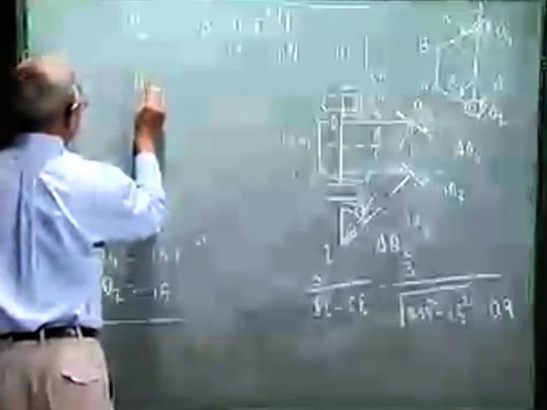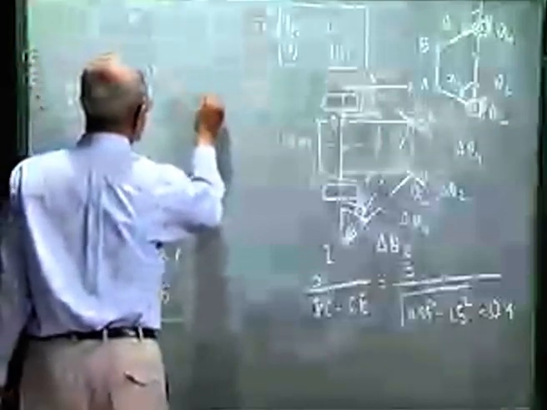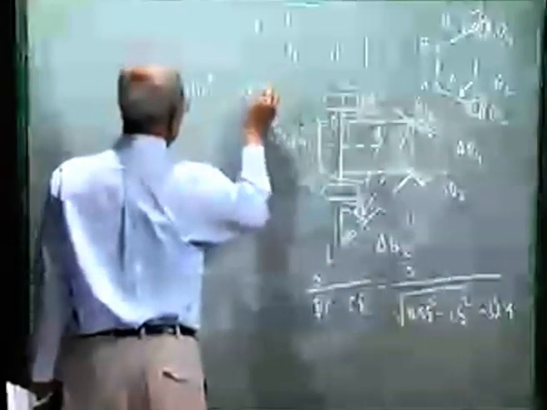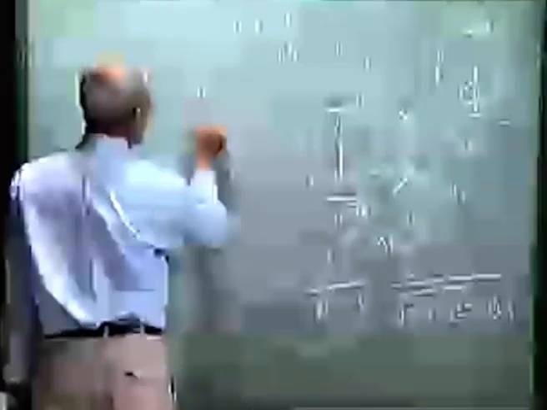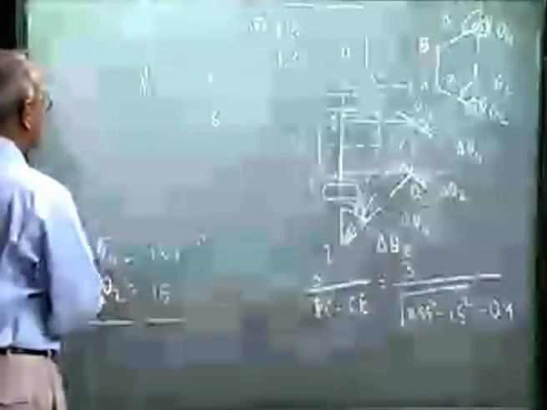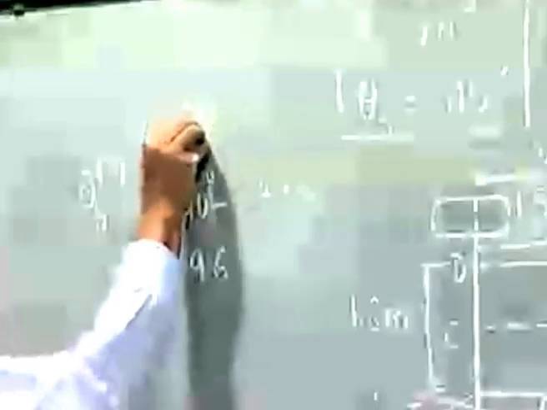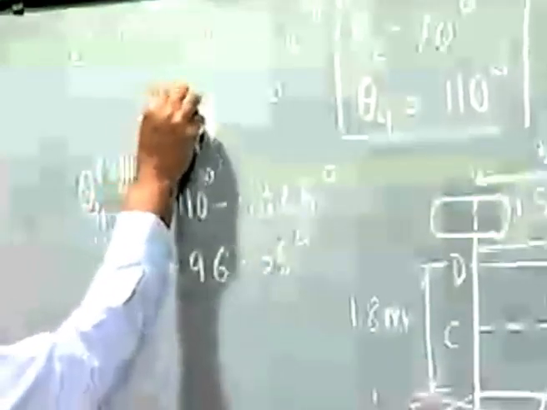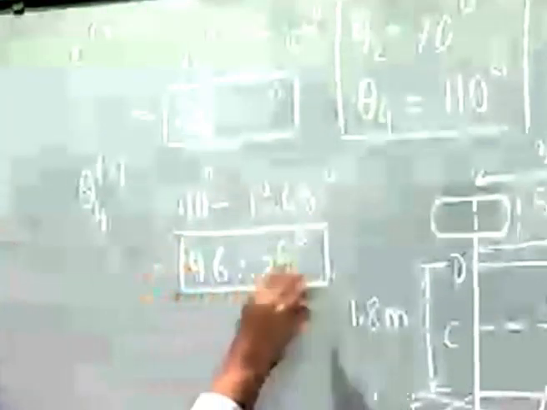And theta 4, similarly we get 110 minus 13.65 degrees, which gives me 96.35.